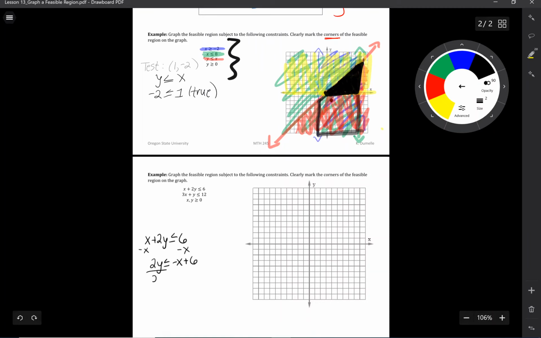And finally, dividing by 2 gives me y is less than or equal to negative 1/2 x plus 3. So if I were to draw this, I have a y-intercept of 3 and a slope of negative 1/2.